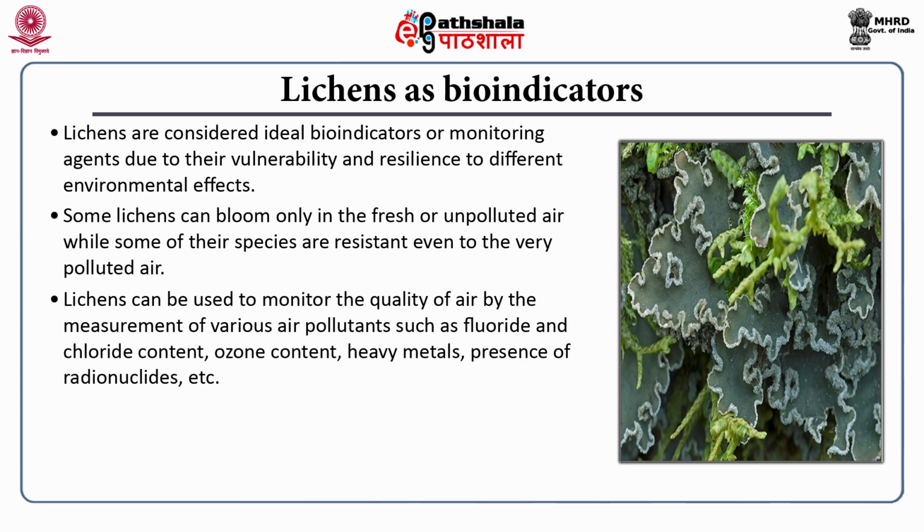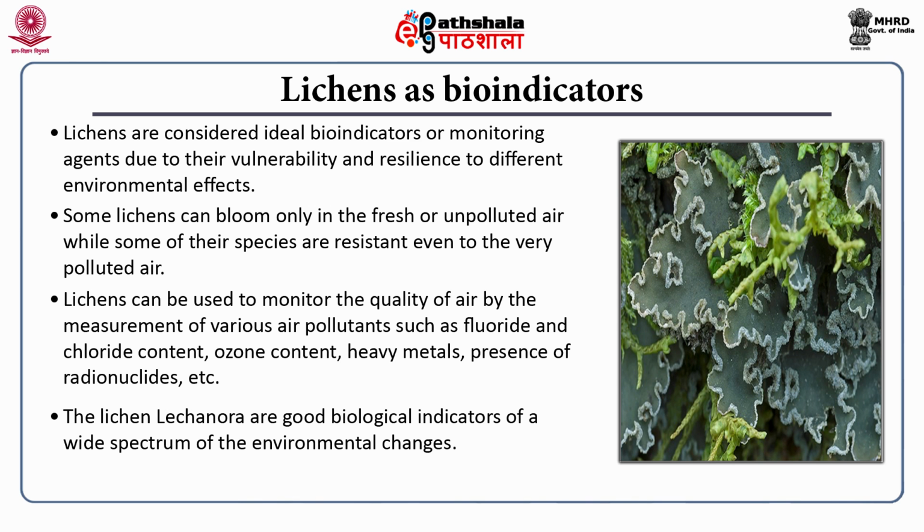Lichens can be used to monitor the quality of air by measurement of various types of air pollutants such as the content of fluoride and chloride in them, ozone content, heavy metal accumulation and the presence of radionuclides, etc. The lichen Lecanora is a very good biological indicator for a wide spectrum of environmental changes.